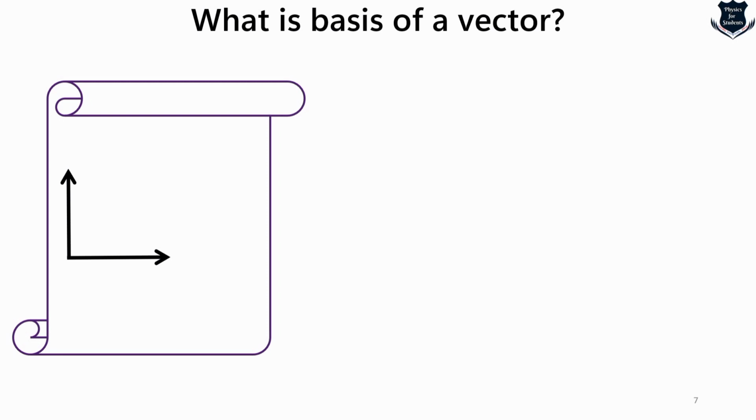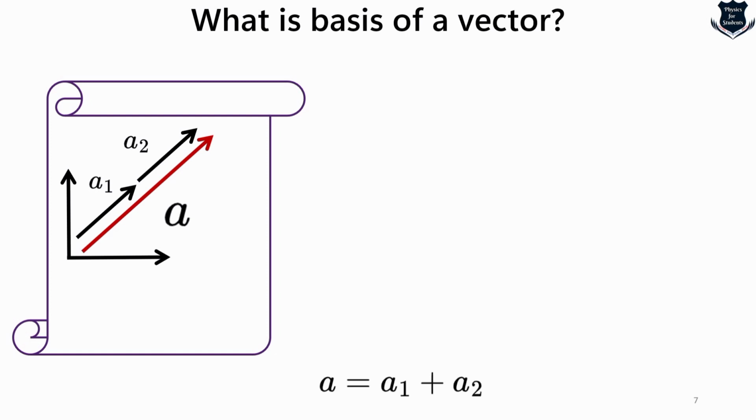So these are the standard directions, and any other arrow in two-dimensional space can be created by combining these standard arrows. That means this reddish vector, if I want to add it up, I can do this one and this one. So if I name the big vector as A, and the components, that means part 1 and part 2, as A1 and A2, I can obviously say A equals A1 plus A2.